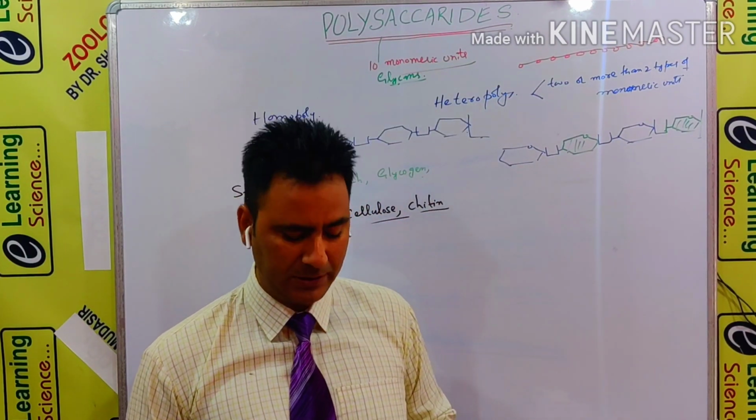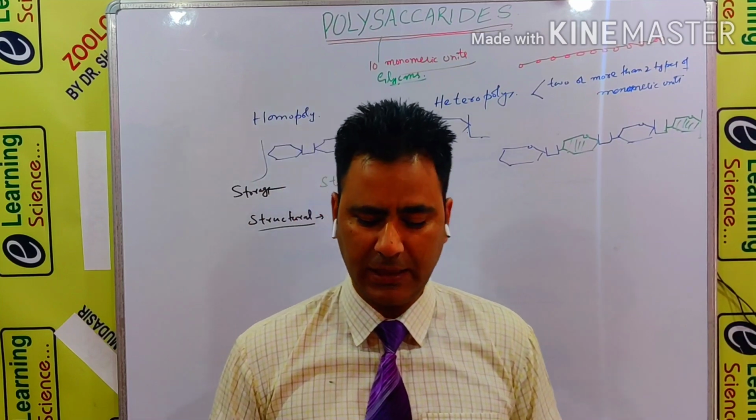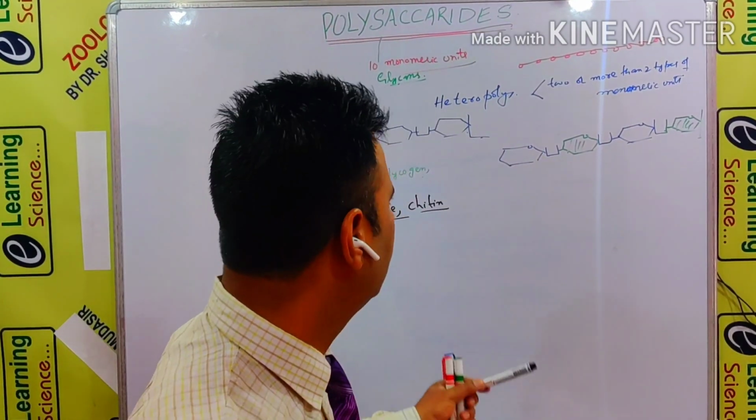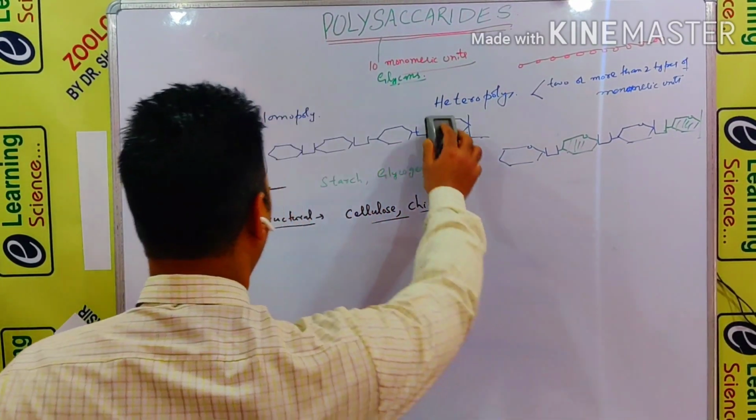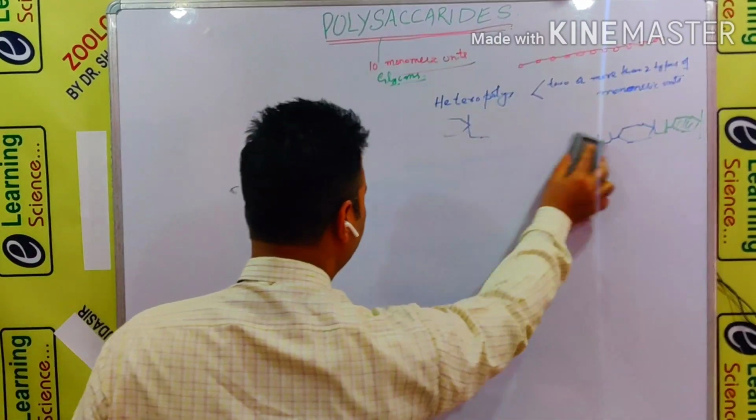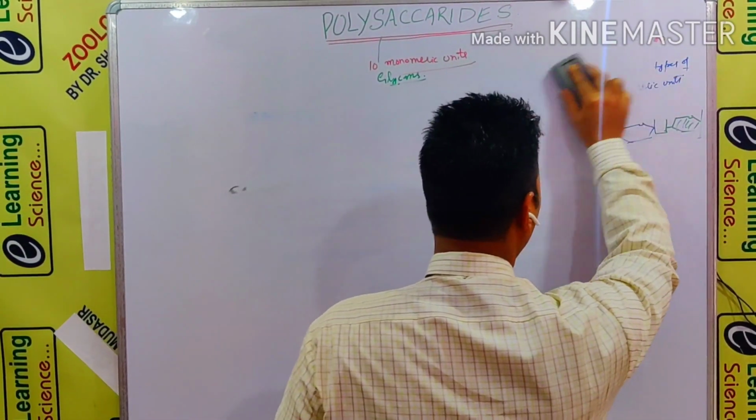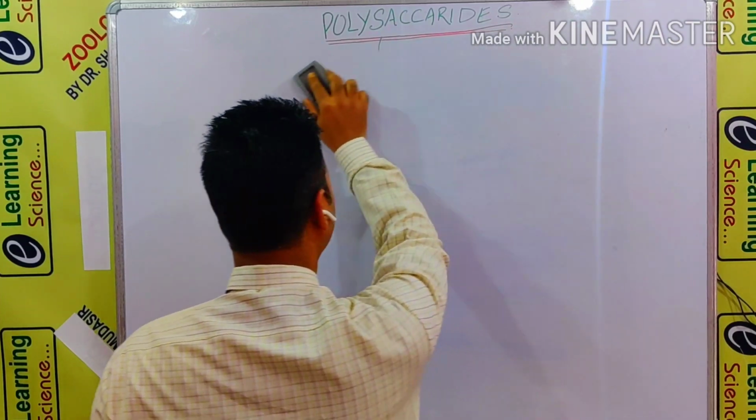So this way we can have structural polysaccharides as well. Now we will discuss these homo and heteropolysaccharides one by one, with some notable examples which are important so far as your syllabus is concerned.